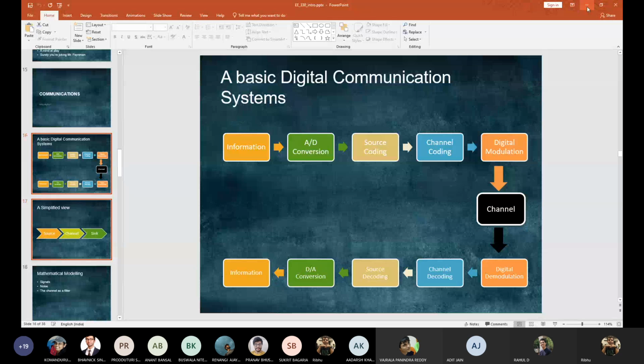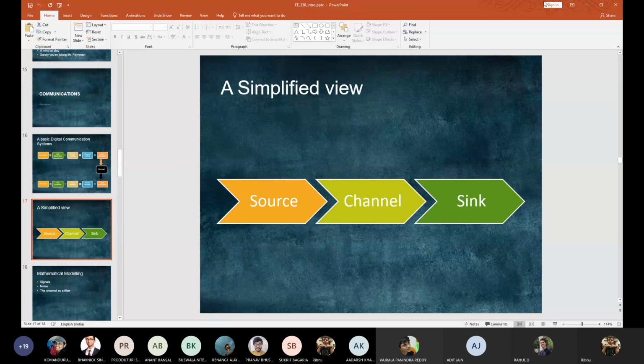Yeah, so I'll come to that analog to digital conversion and I'll paste the second slide here. So we can only see the PPT.